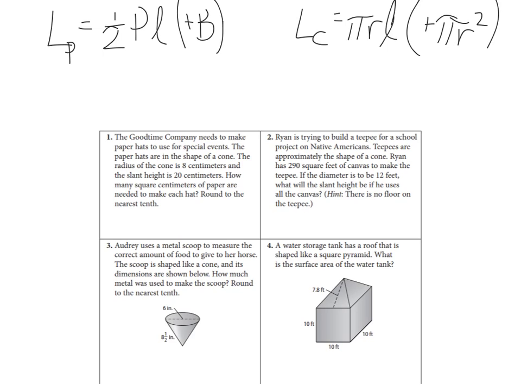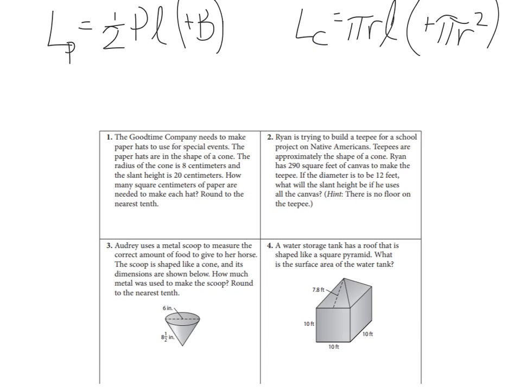Number 2, a teepee, approximately the shape of a cone. He has 290 square feet of canvas. The diameter is 12. What will the slant height be if he uses all the canvas? There's no floor, so you just need the lateral surface area.